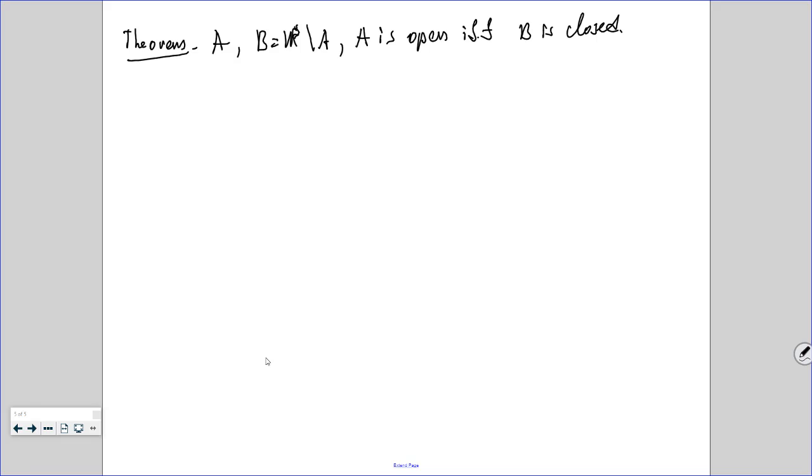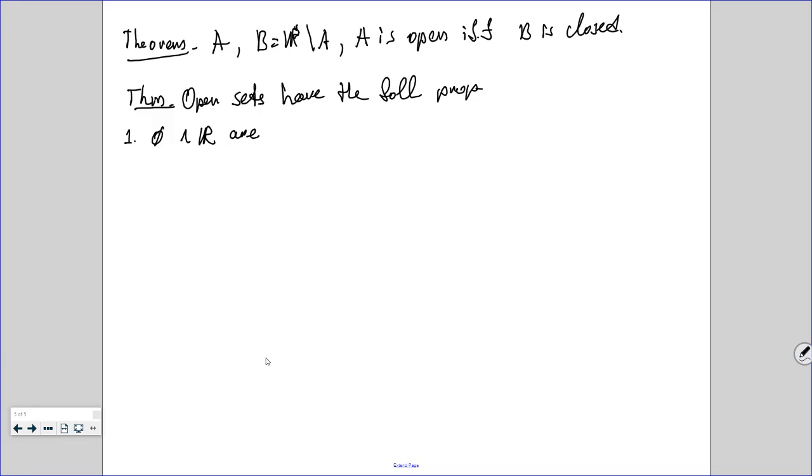Now let's give a couple of properties of open and closed sets without proving them. So try to have a mental picture of these properties. Open sets have the following properties. First, the empty set and R are open, and they are also closed.